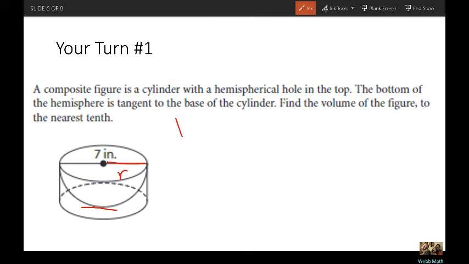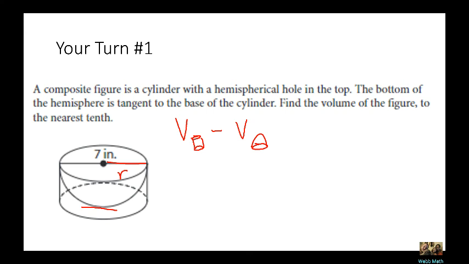So again, the volume of the cylinder minus the volume of the hemisphere. And look back at your notes, and you'll find the formula for the hemisphere. If you want, you can just do 1/2 times the volume of a sphere. Either way, it'll get you your answer. Make sure you round to the nearest tenth, and your answer is definitely going to be in cubic inches.